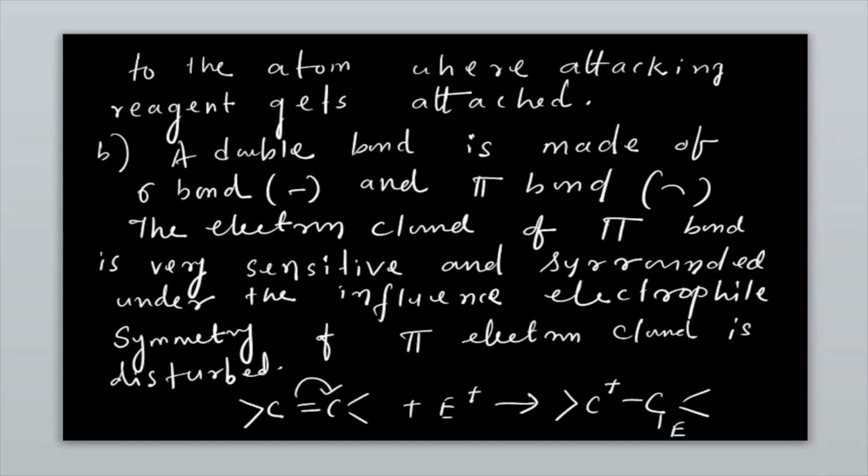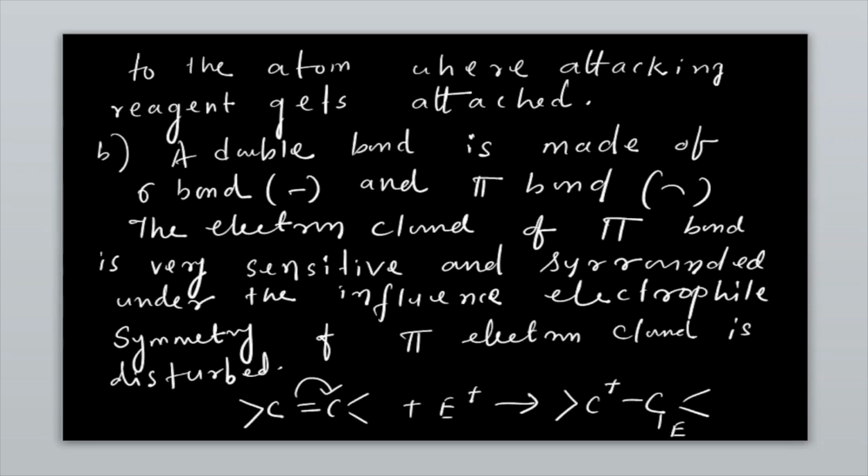takes place here. Since it is a weak bond, the electron cloud of the pi bond is very sensitive, and under the influence of the electrophile, the pi electron cloud is disturbed. The pi electrons which make that pi bond are very sensitive, very disturbed. Then what happened?